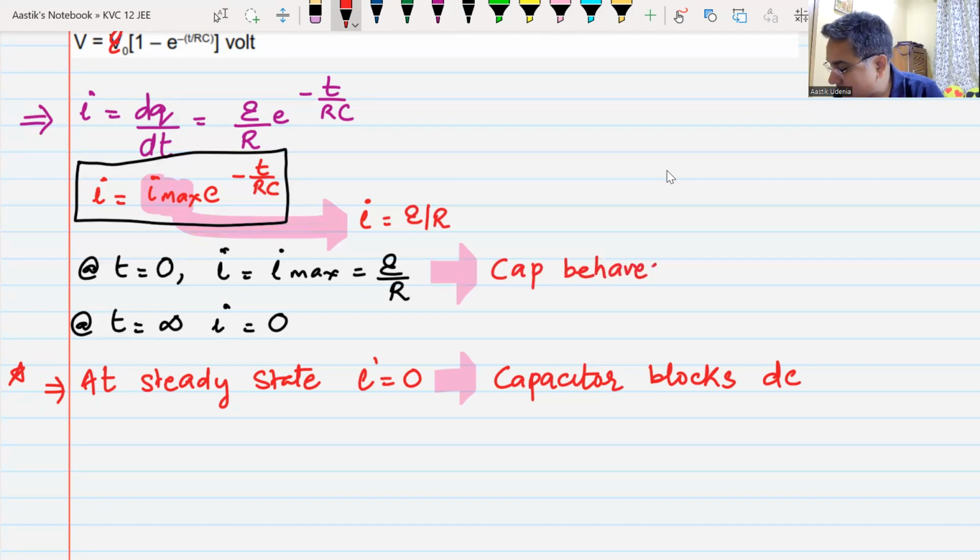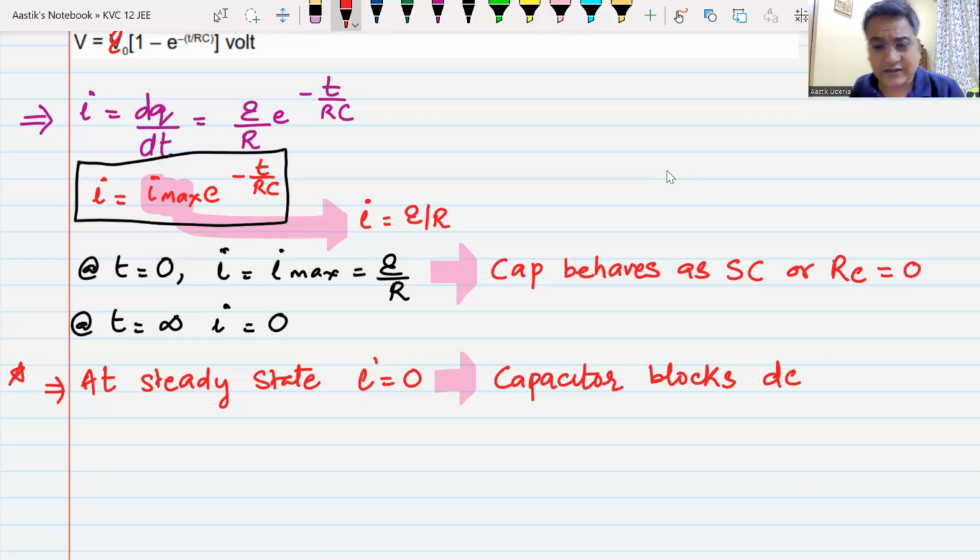Do we understand what I'm saying? Or the resistance of this capacitor becomes equal to 0. It behaves like it is not present in the circuit. But after a long time, this capacitor behaves as open circuit.